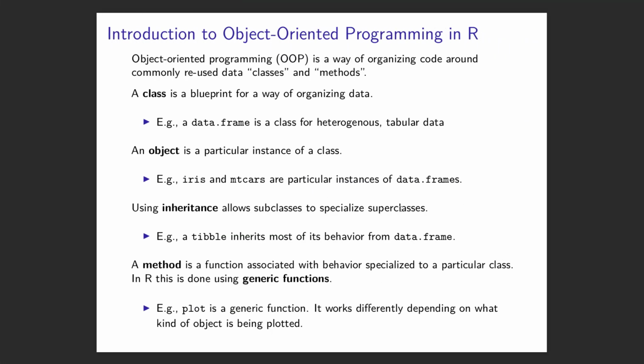And then we can define methods. A method is a function associated with behavior specialized to a particular class. And in R, methods work a little bit differently than they do in lots of other languages like C++, Java, or Python. They're actually associated with generic functions rather than the classes themselves.